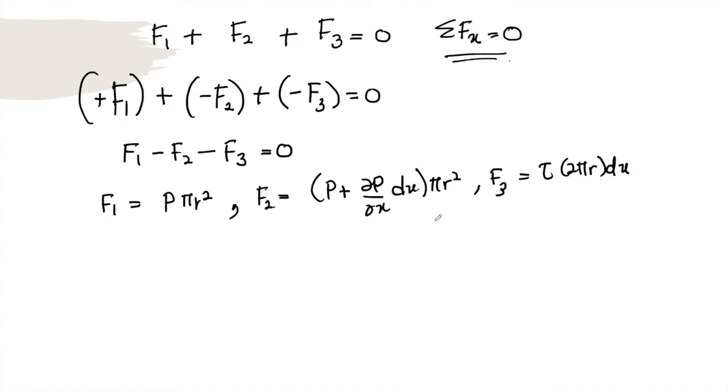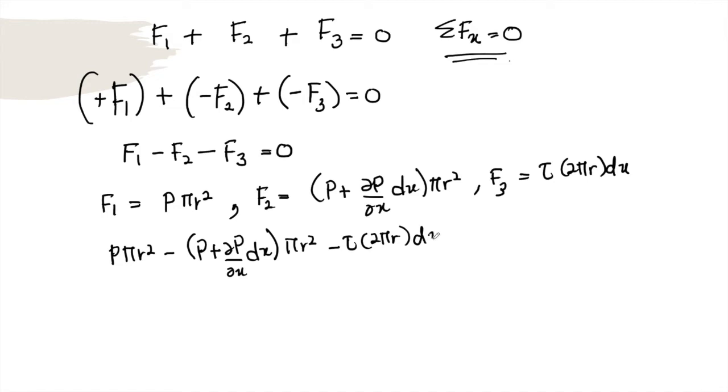So we substitute all of this information into this equation. So P pi R square minus P plus del P over del X dx, times pi R square, minus tau 2 pi R dx equals 0. We have to simplify this equation, rearrange it and simplify.